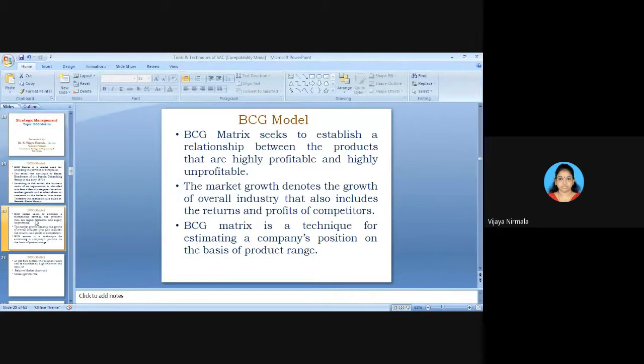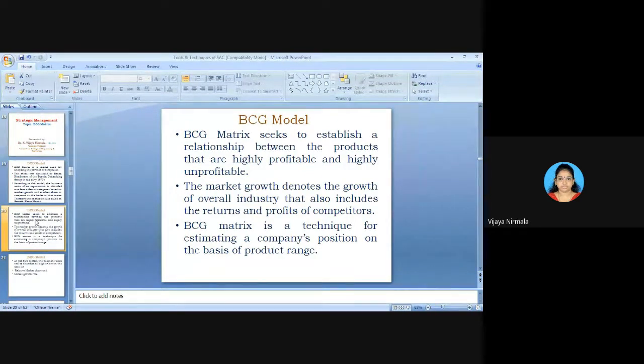Highly unprofitable means cash eaters: the investment will be more, and we can't expect profits. So those are called cash eaters, and the highly profitable ones are called cash generating, because they generate cash.